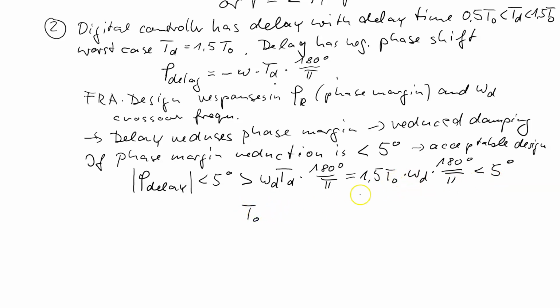And we solve this for our sampling time, so we bring all other things to the right side. Sampling time should then be smaller than 5 degrees times pi divided by 1.5 times crossover frequency times 180 degrees.